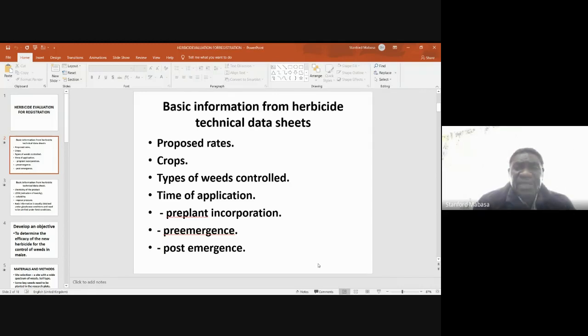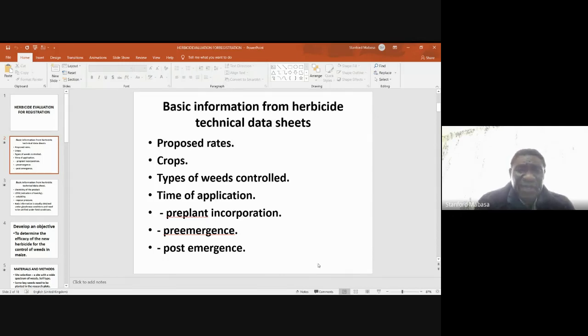So the basic information from herbicide technical data sheets. Any company which is interested in evaluating a herbicide needs some technical information. It needs some basic information, which it has to supply to those who are evaluating those herbicides.